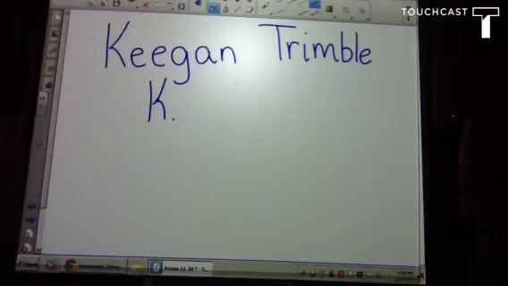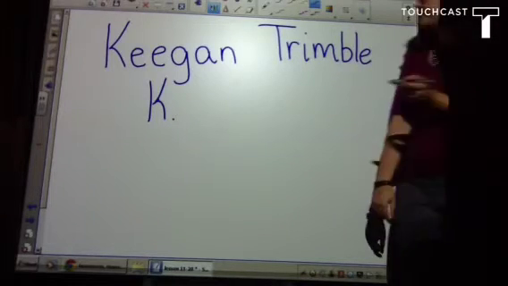We put a dot, or a period, after the first letter to show that it is an abbreviation for a name. K is only the first letter in Mr. Trimble's first name. Mr. Trimble, what is the first letter of your last name? T. What kind of special letter do we use? The capital. Capital letter. Very good.